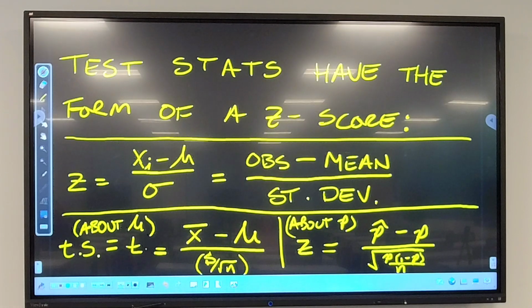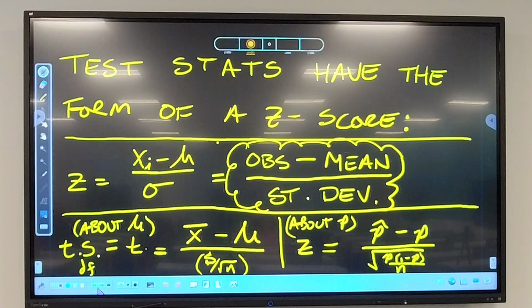So I'm driving home this idea that our test statistic is nothing more than something that has this general form: the deviation over the standard deviation. And when we did this hypothesis testing about a mu, we also had this special degrees of freedom idea.